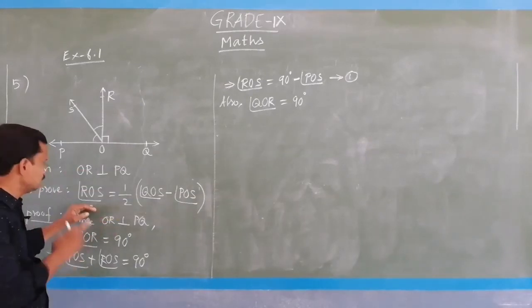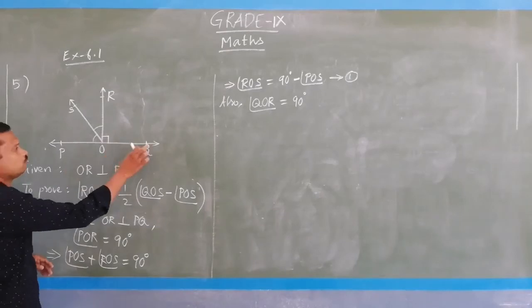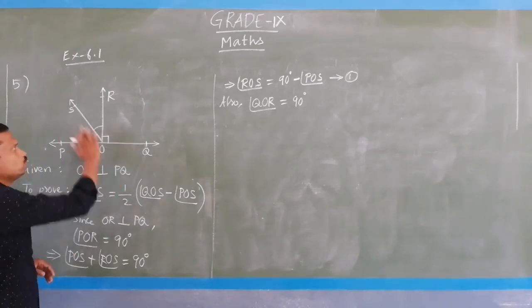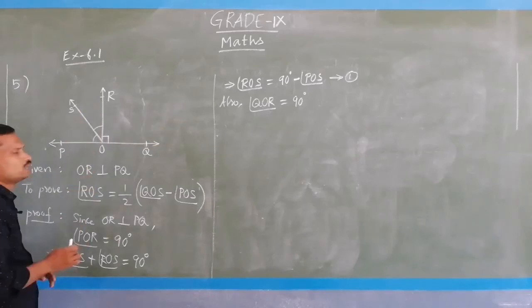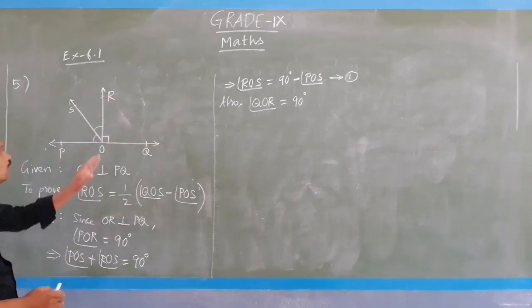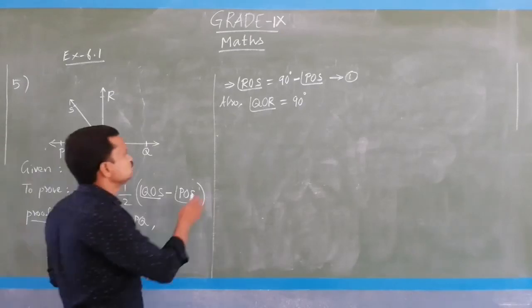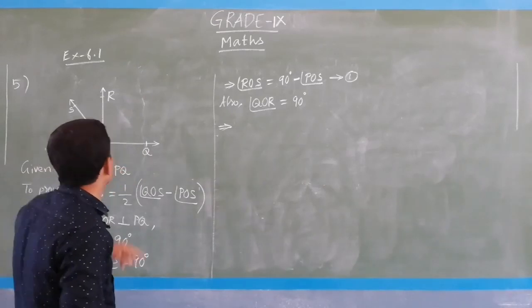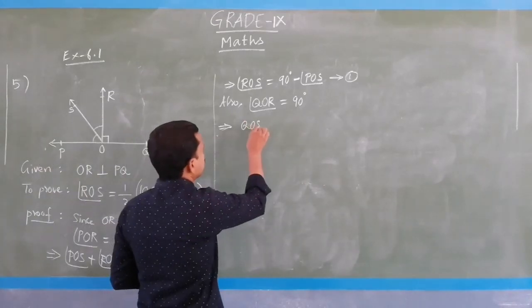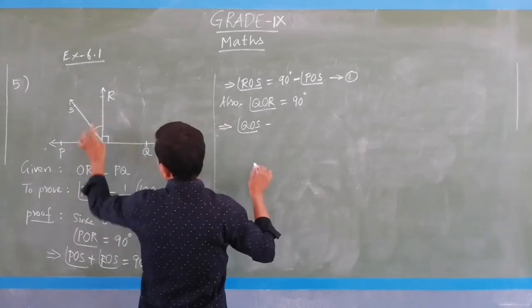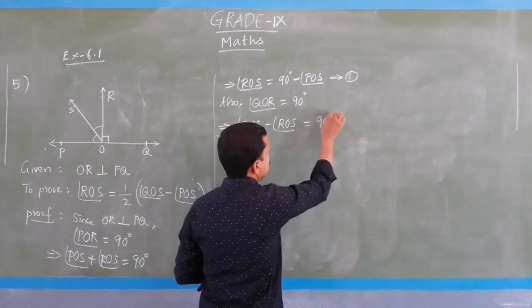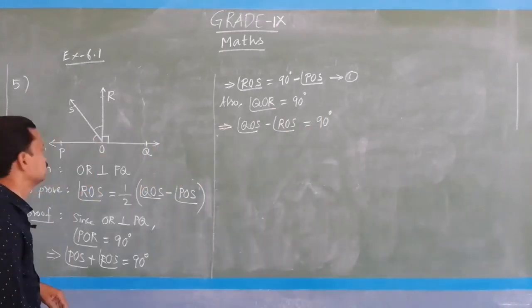So, angle QOR we can write as: from the obtuse angle QOS, subtract the acute angle ROS, and we get QOR. Am I right? So instead of QOR, I am writing QOS, from that I am subtracting ROS, that is also equal to QOR. You just look at the figure, then you will understand what I am telling.